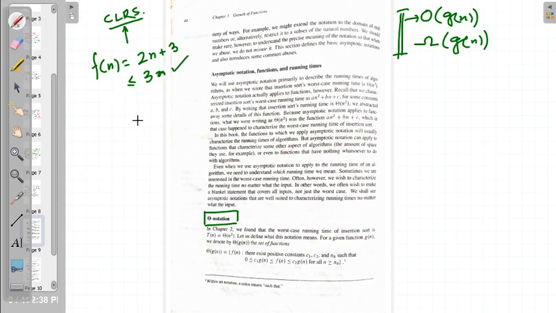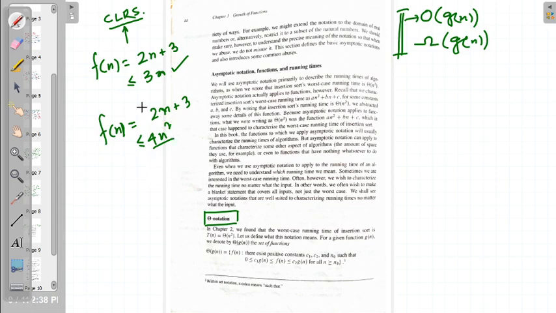If some of you argue that by definition we can also write that this is less than or equal to 4n square, we can, because if 2n plus 3 is less than or equal to 3n, then definitely it will be less than or equal to 4n square for some values of n greater than or equal to n naught.